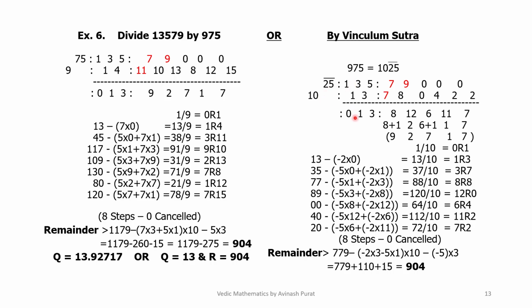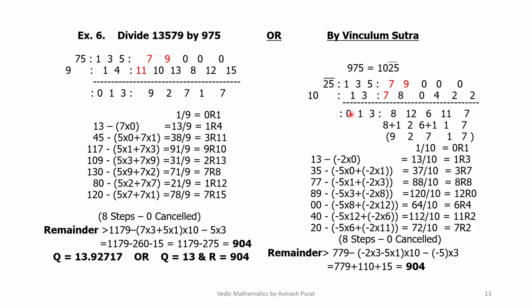Now 1 divided by 10 is 0 or 1. Again 13 minus 2 into 0. So 13 by 10 equals 1 or 3. 1 and remainder 3. Now next dividend is 35.